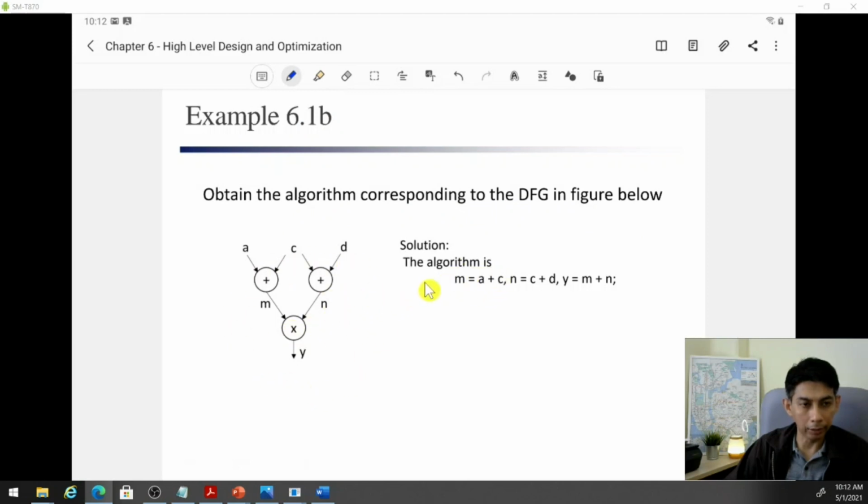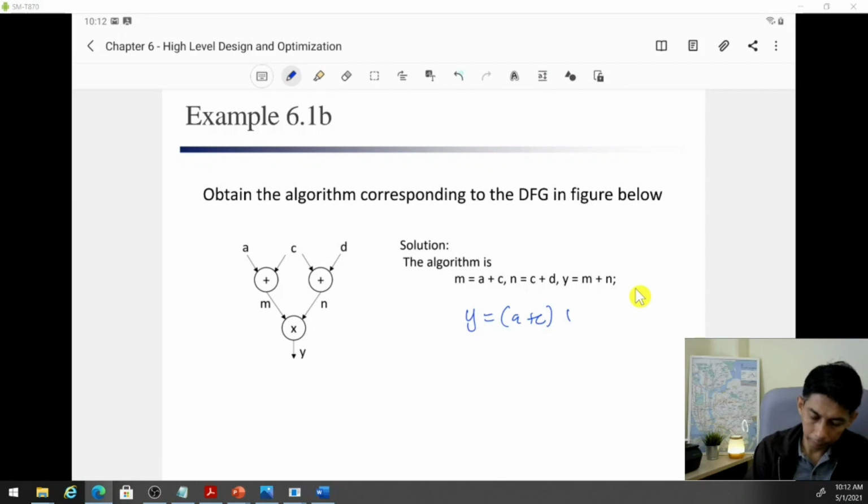The algorithm is, of course, m equal to a plus c, and n equal to c plus d, and y is m plus n, or we can say that y is actually a plus c multiplied by c plus d. So this is not plus, this is multiply. Y is m multiplied by n. Okay, so this is our algorithm.